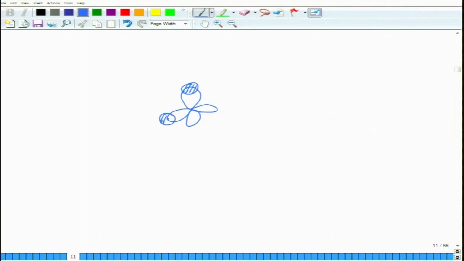This is another one which will interact with another hydrogen, and at the center you will have C, and all of these will have angles of 109.5 degrees. So, these are all hybridized sp3 orbitals. They are not exactly p orbitals. These are all hybridized orbitals.